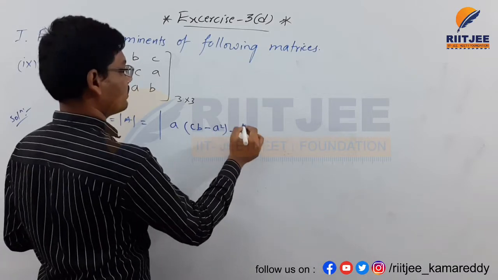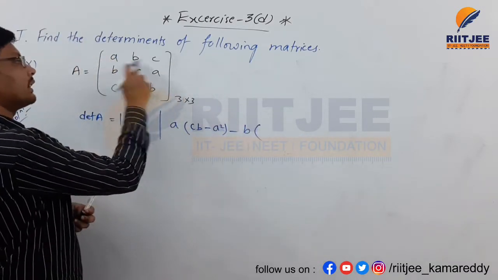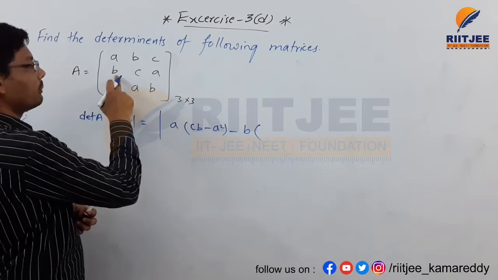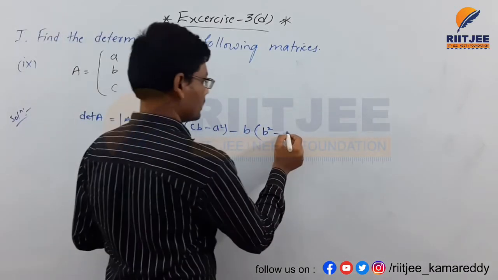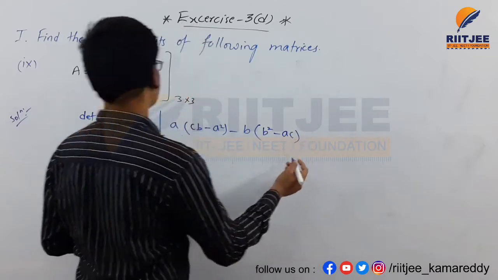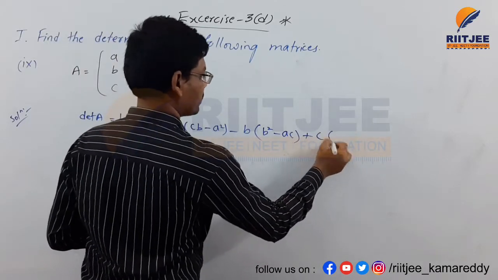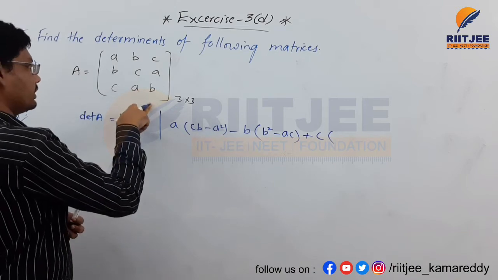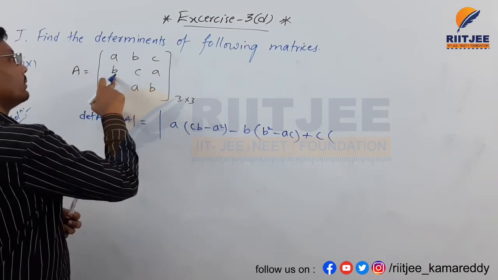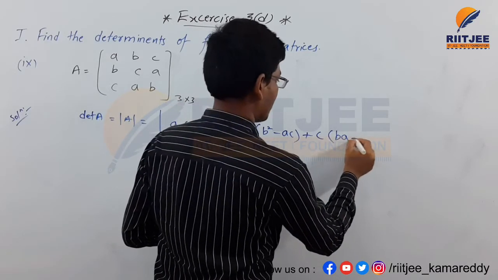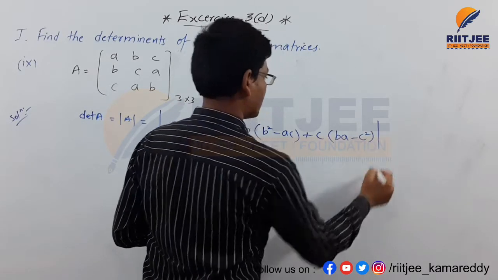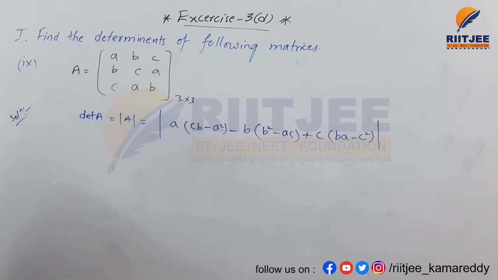Next, minus B into, eliminate the row and column which has B here, B square minus AC. Next, plus C into, eliminate the row and column which has C here, BA minus C square, and the modulus is closed here.